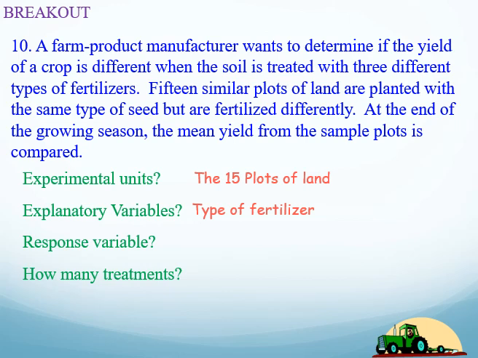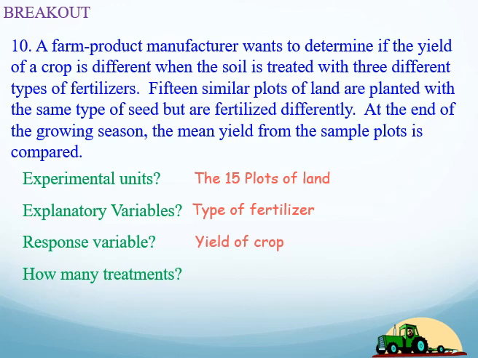So the type of fertilizer is the explanatory variable. We're thinking that it's going to affect the yield or the outcome, like how much is produced on the land. Response variable, what are we going to measure? We're going to measure the yield of the crop. That means like how many bushels per acre we get, something like that.